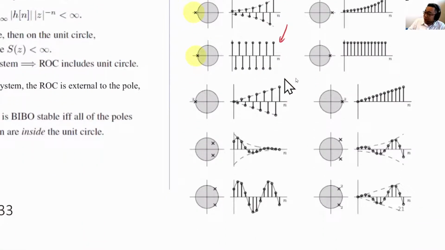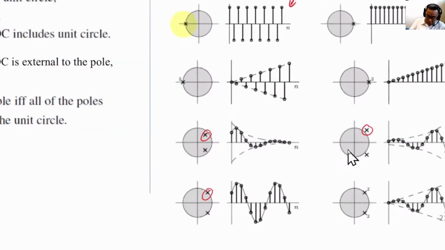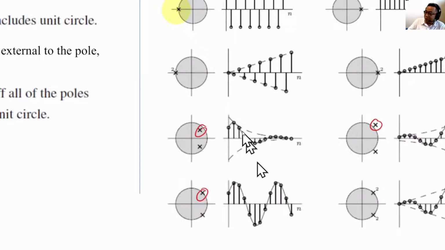Now you might be wondering about all these complex conjugate poles. You realize that when we have complex conjugate poles, a cosine or a sine will form. Depending on whether the pole is inside the unit circle or not, in this case inside, then it will decay. When it's on the circle, it will oscillate and will not decay or grow.